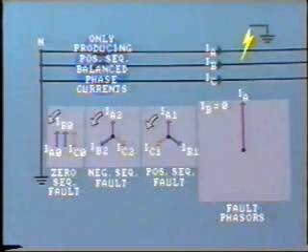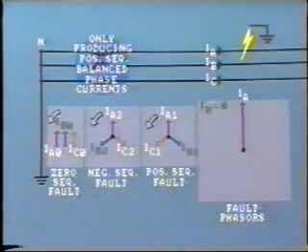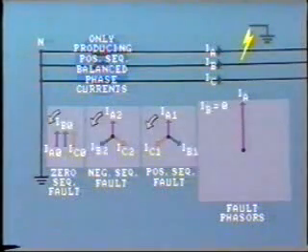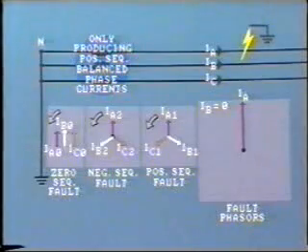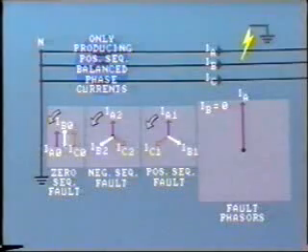We know that the current IB is 0, and this must equal IB1 plus IB2 plus IB0. That is, the positive and negative sequence phasors IB1 and IB2 cancel out the zero sequence phasor IB0, and thus the total is 0.